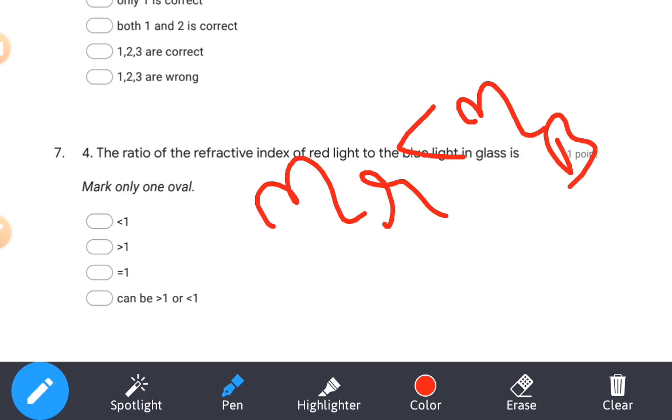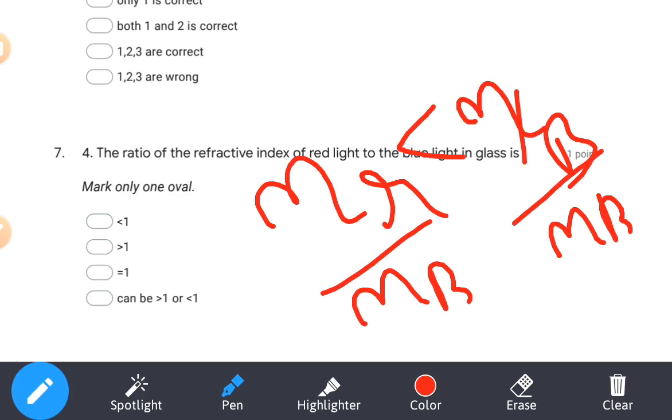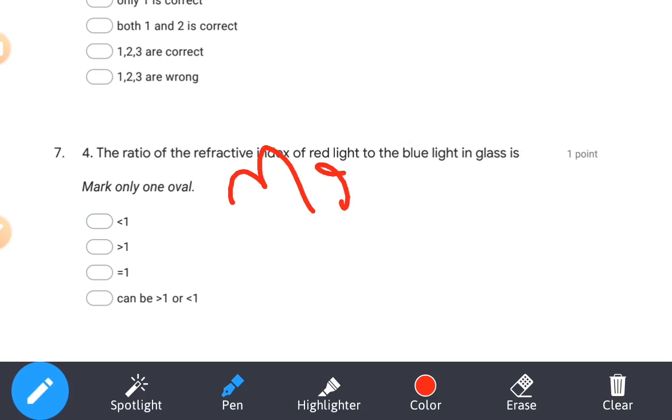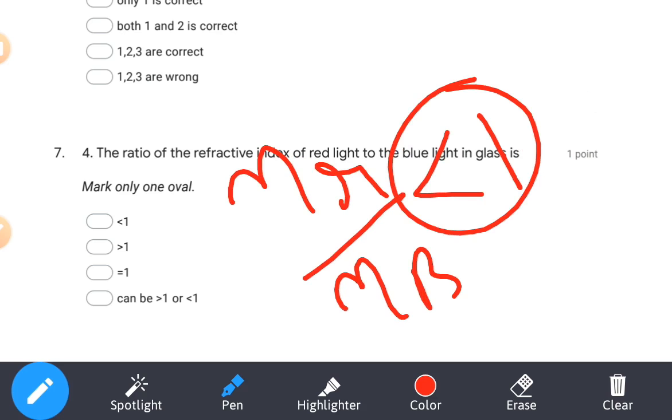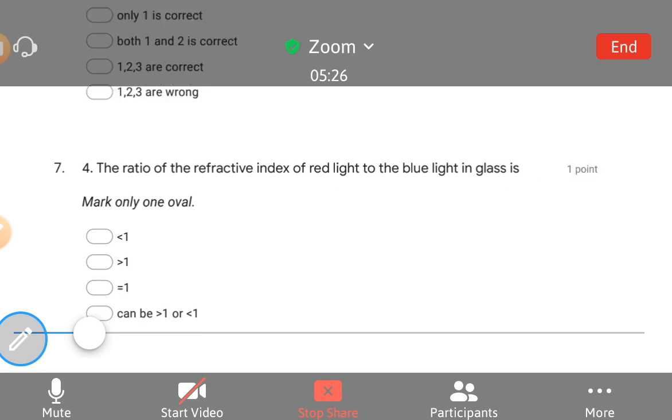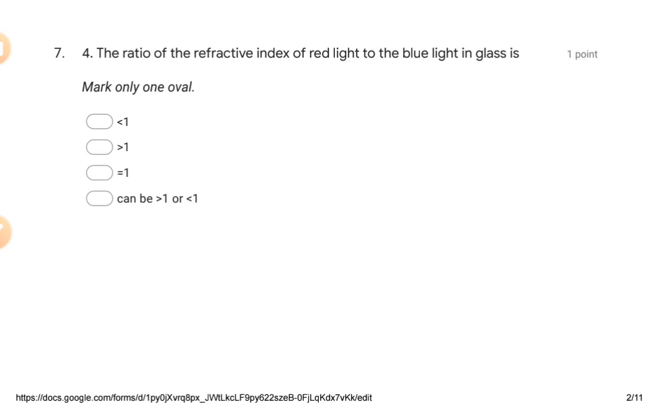You just divide by n_B, the refractive index of blue color. So the ratio of the refractive index of red color to the refractive index of blue color will be less than 1. So that is option number 1. Okay, let's see the next page.